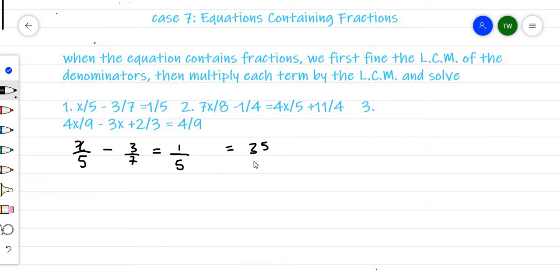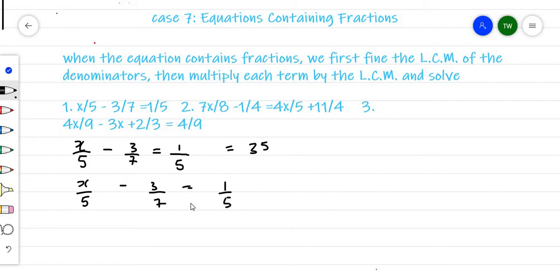Now, we're going to take the lowest common multiple, which is 35 in this case, to multiply each term. So I'm going to write back each term: x over 5 minus 3 over 7, which is equal to 1 over 5.